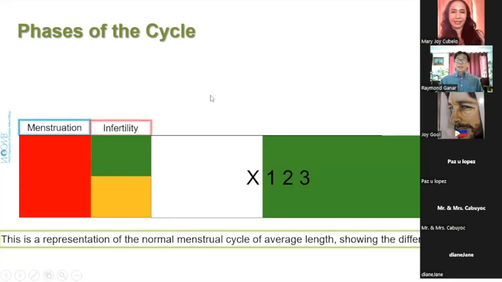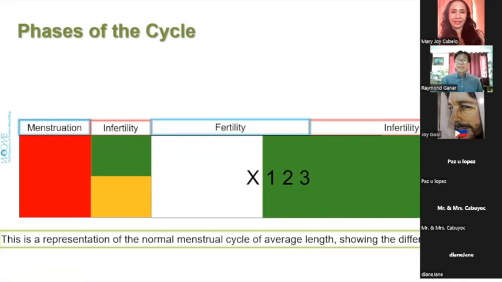So these are the phases of the cycle: menstruation, the infertile period or BIP, the changing pattern of fertility, including 1, 2, 3 days of the fertile period wherein the cervix is open. And then we have the 4th day of the luteal phase as the start of the infertility. Take note, ha?